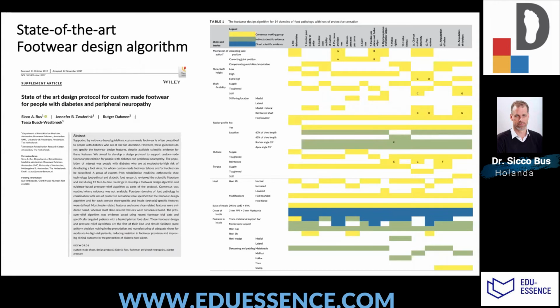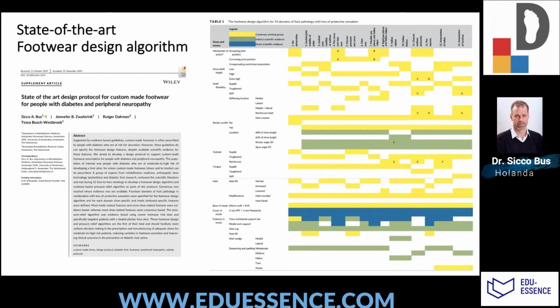We have accumulated all this knowledge on biomechanical efficacy in a state-of-the-art footwear design algorithm, where based on the type of neuropathic foot that the patient has, which is shown at the top, we define here 14 different domains of neuropathic feet, including the ones with limited joint mobility, claw-toe deformity, Charcot foot, but also amputation, etc. And on the left-hand side, a specific set of design elements that can be used and can be prescribed, related to the shoe, and more at the bottom, related to the insole.